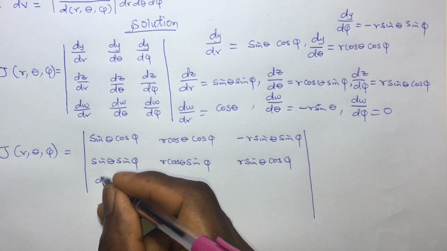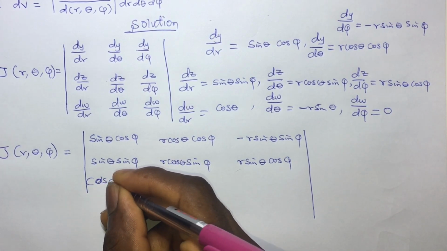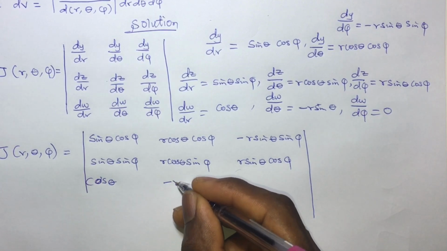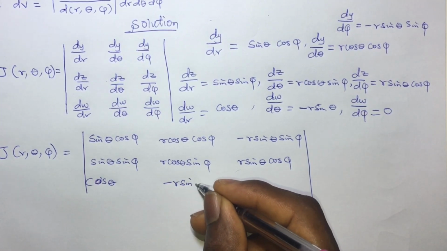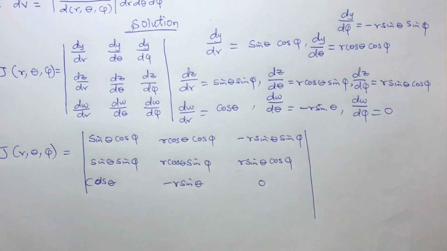Now for the w over the r, we have cos theta, and for the w over the theta, we have negative r sin theta, and the w over phi is equal to 0.